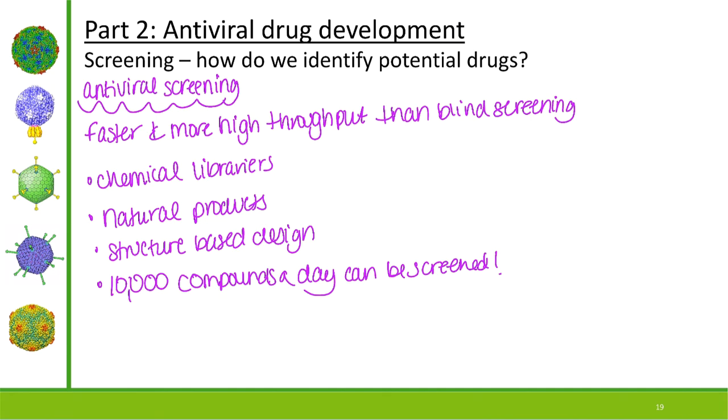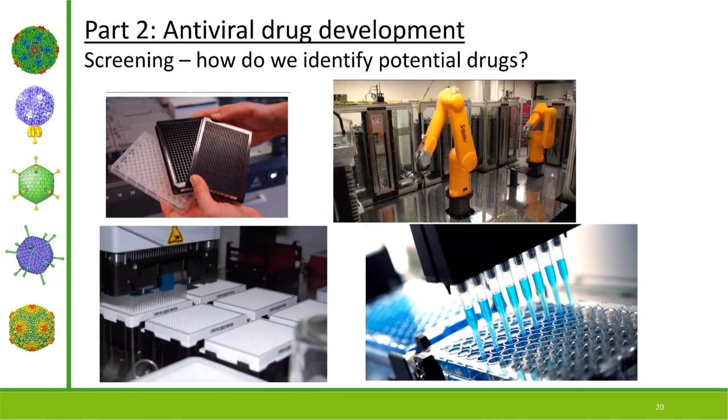And it's pretty cool because when we do antiviral screening, we actually use these giant robots. So here is an image of a robot, and this robot is actually able to fill. So here's an example of a robot filling, nice scientific photo of a blue unknown solution here, but it does a nice job of at least showing us how it works.